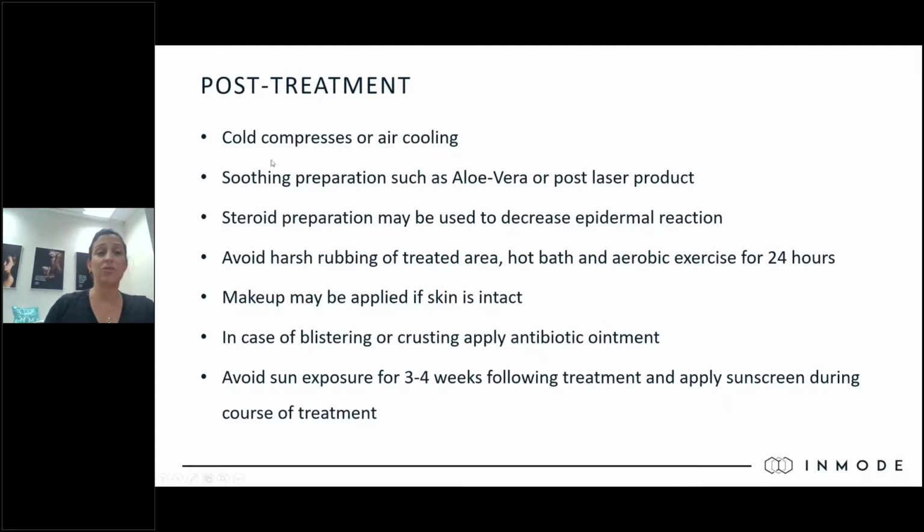It is important to avoid rubbing the treatment area, hot boxes, and exercise for the 24 hours following treatment, just to make sure that you're not reopening a coagulated vessel. Of course, you can use makeup post-treatment. And again, antibiotic only in case of blistering and openings, which you normally don't get.